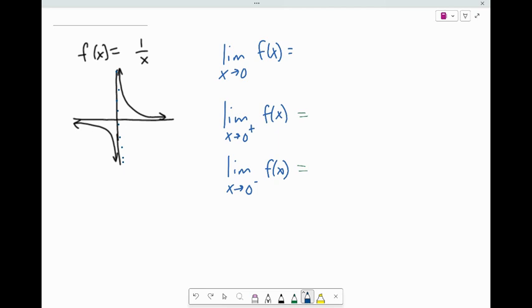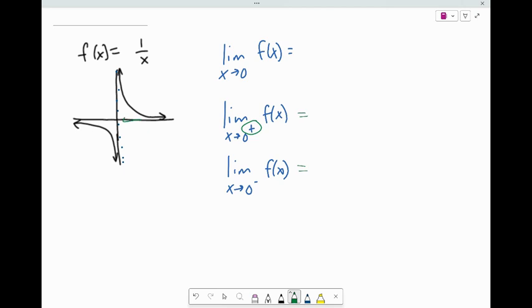So we did learn one-sided limits in the last section, in the last video. When you see that little plus or minus up in the air, that's when you know that you have a one-sided limit. So before we deal with the two-sided limit, let's take a look at the one-sided limit as x approaches 0 from the right.